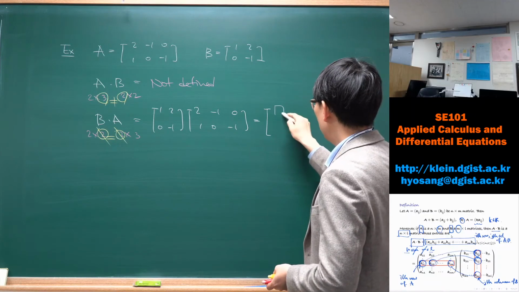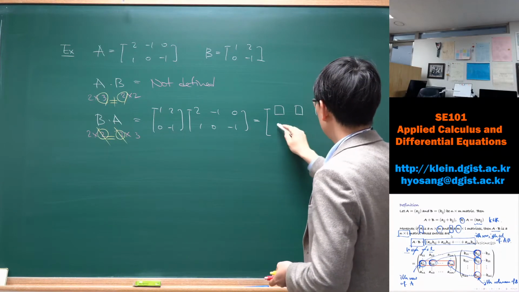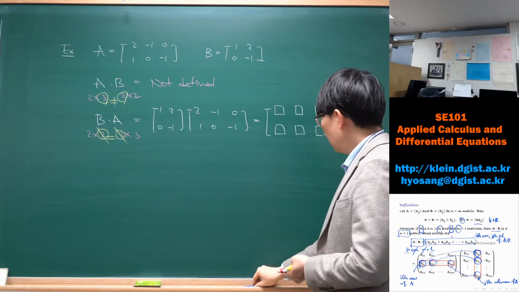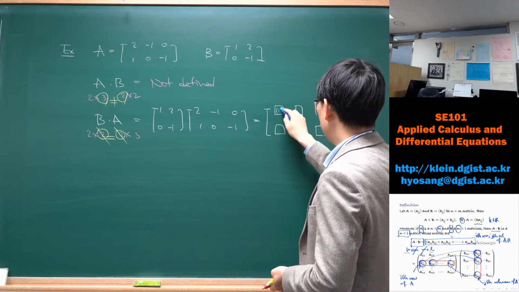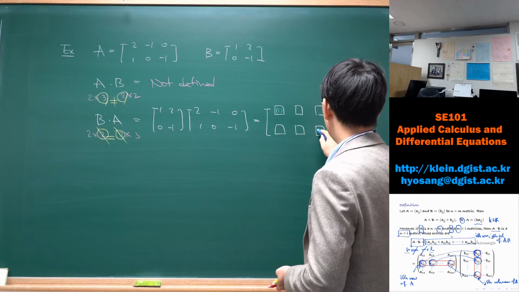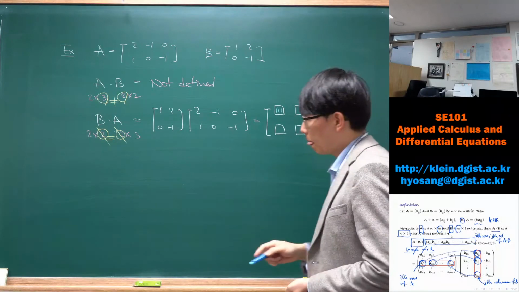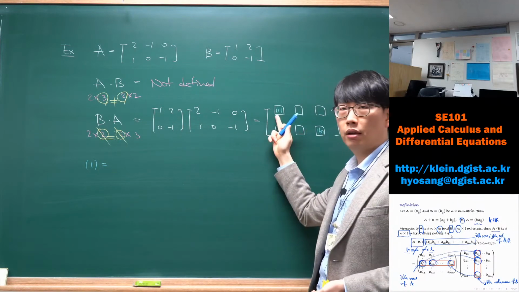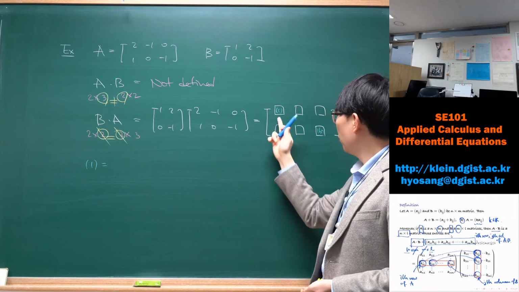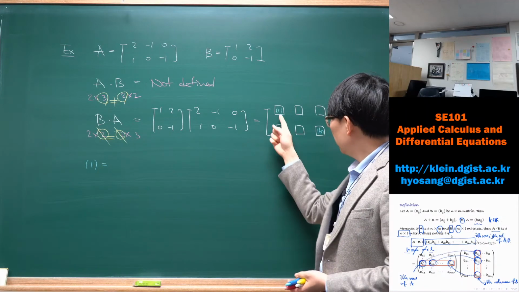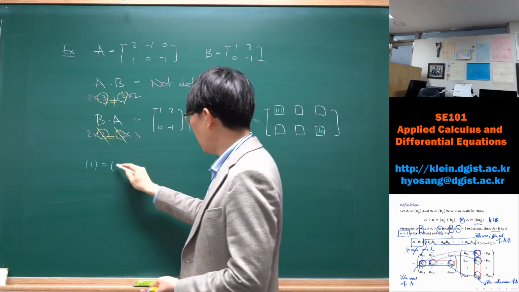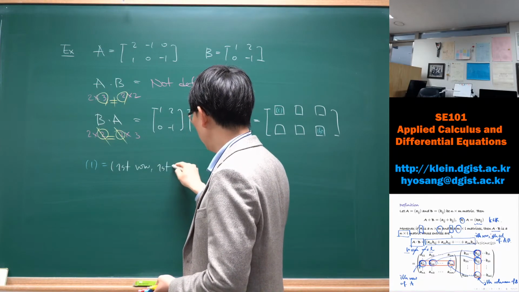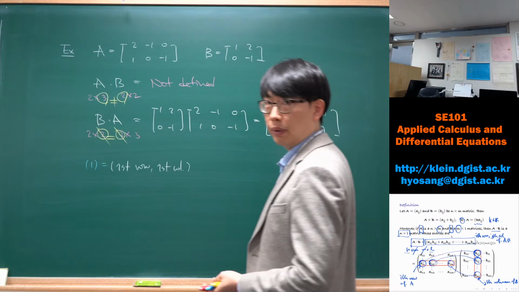So there will be 6 entries in this arrangement. So let's try to find 1 and let's try to find 6 here. Okay. So how do I find the entry in the number 1 place? This number 1 is located at first row and first column of this matrix.